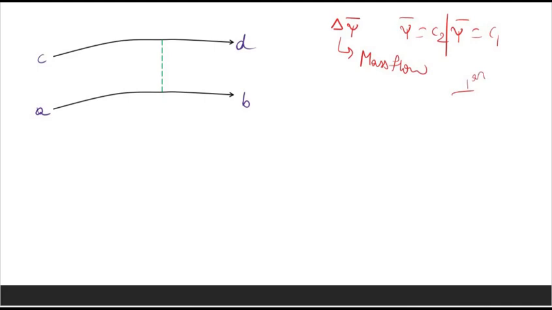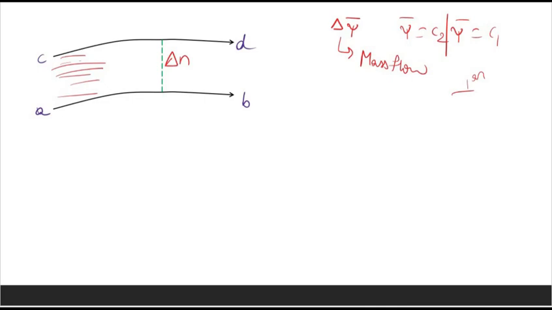Now, if we consider the mass flow inside the stream tube, because there is flow going on between these two streamlines AB and CD, we can assume that this is our stream tube, bounded by two streamlines AB and CD, with a rectangular cross-sectional area equal to delta n times unit depth perpendicular to the page.